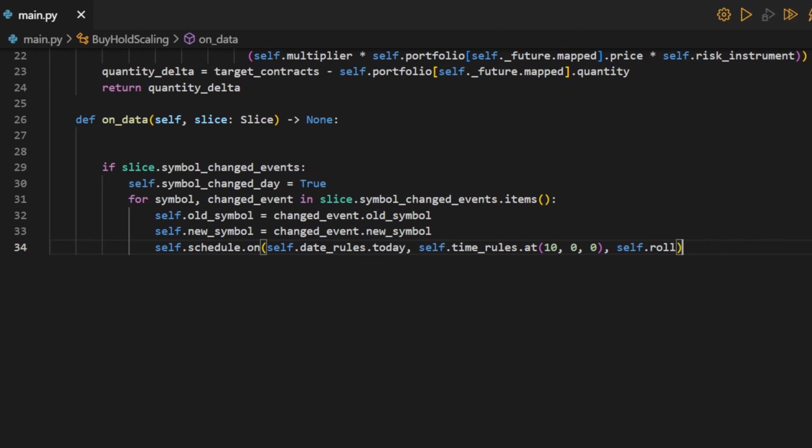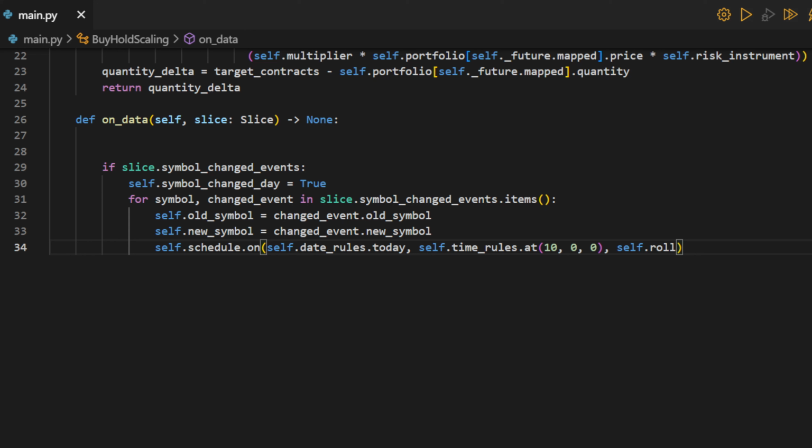Each day, if it's a rolling day, we apply a similar logic as the previous video with a few adjustments. To prevent unnecessary portfolio rebalancing on such days, we utilize an instance variable, self.symbol_changed_day, for tracking. This ensures that rebalancing is skipped on a subsequent occurrence of the same day.